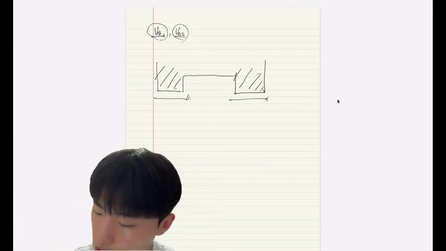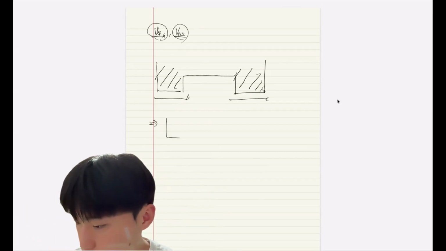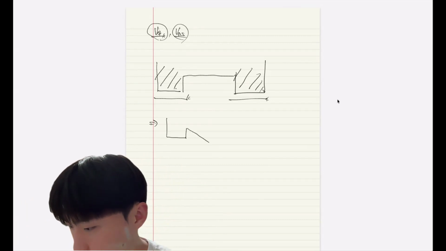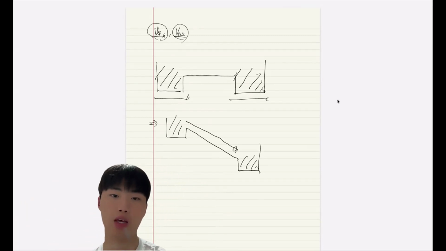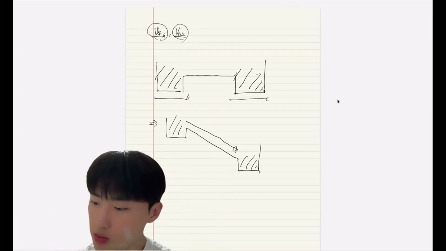So in this picture, the water will go through this part and the water is flowing. This is the MOSFET.